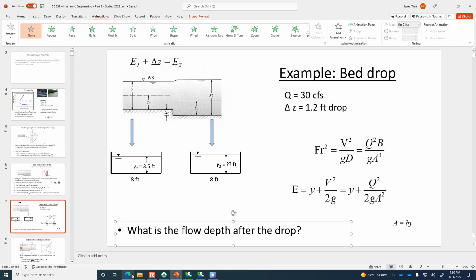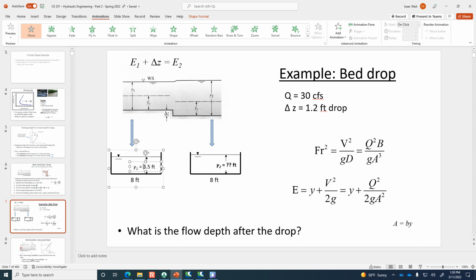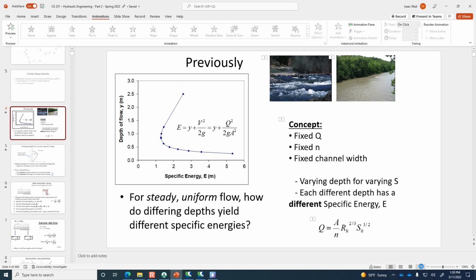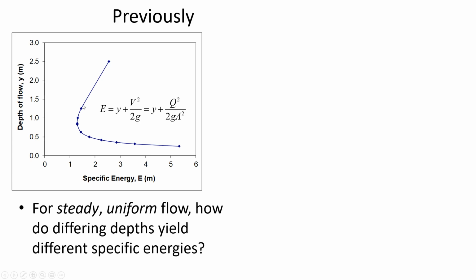So basically what we're saying is if water goes off this 1.2 foot step, it's not just the same as adding 1.2 feet to this, because it was 4.708. It's pretty close, 4.7, but it won't always be in the linear portion of the specific energy diagram, because what we were doing is, we started off in the subcritical and we went to another subcritical.